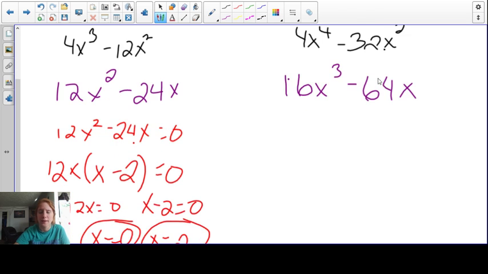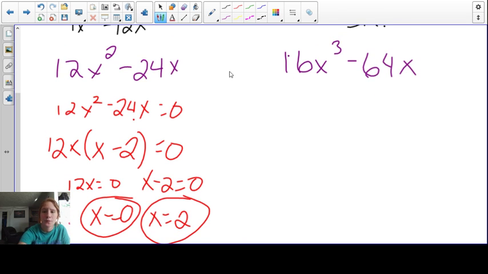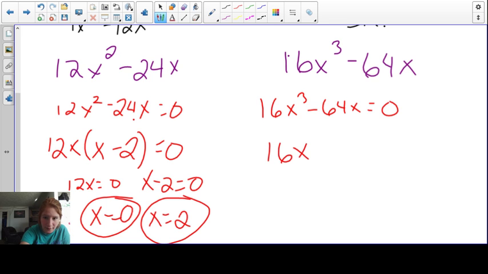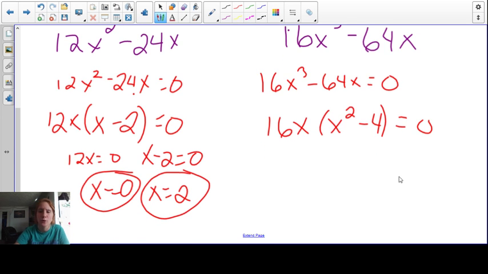We're going to set that equal to 0. So I have 16x cubed minus 64x equals 0. Again, we're going to factor some stuff out. I can take out a 16 and an x. When I do that, I'm left with x squared minus 4. I can factor that set of parentheses again because it's the difference of two squares.